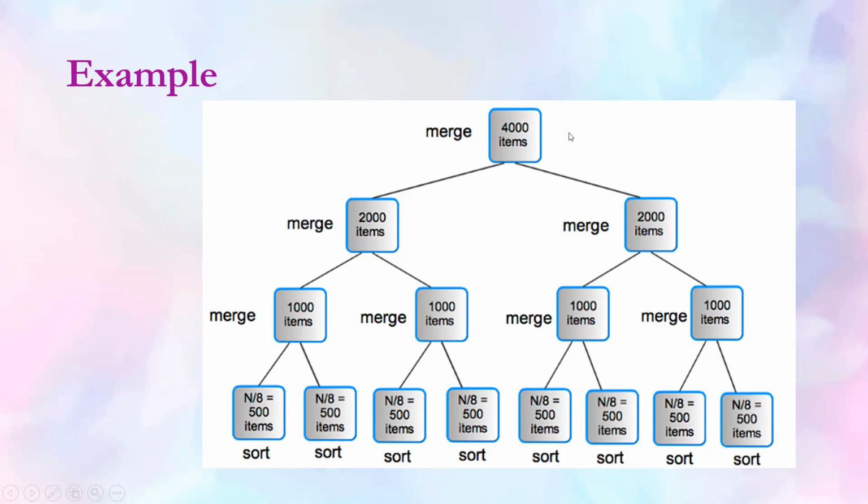All right, so I cannot have very fine-grained ones. I have 4,000, then it becomes 2,000, then 1,000, then finally it becomes 500 plus in each of these. So in this way, we will be able to compute. This is a simple practical example of how we can go about implementing merge sort in a parallel environment.